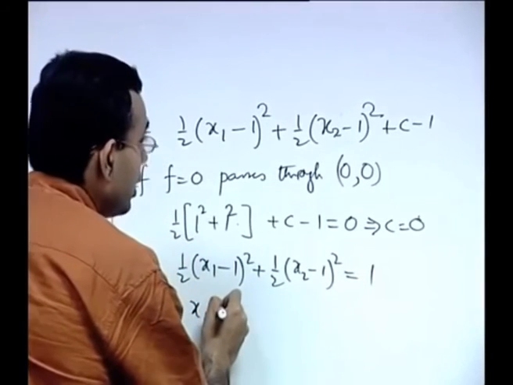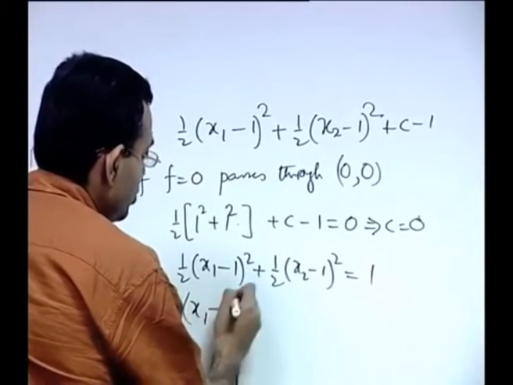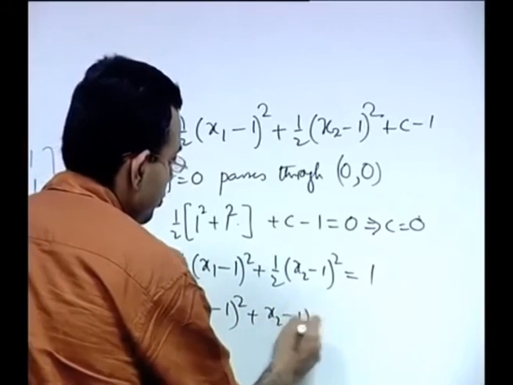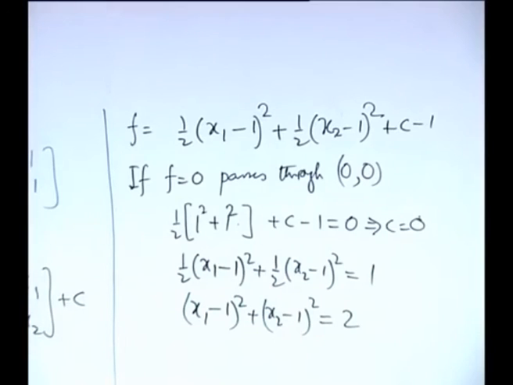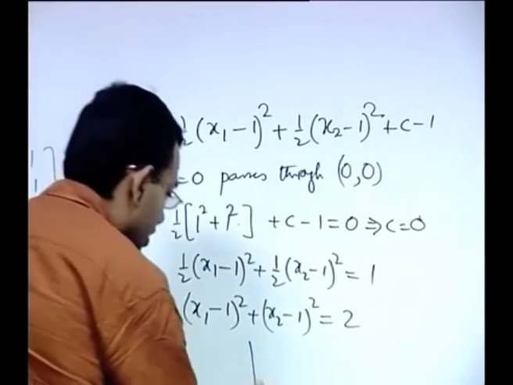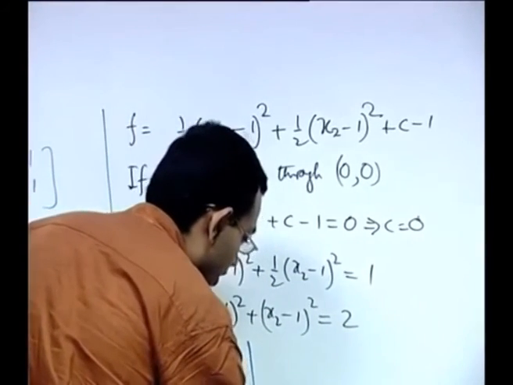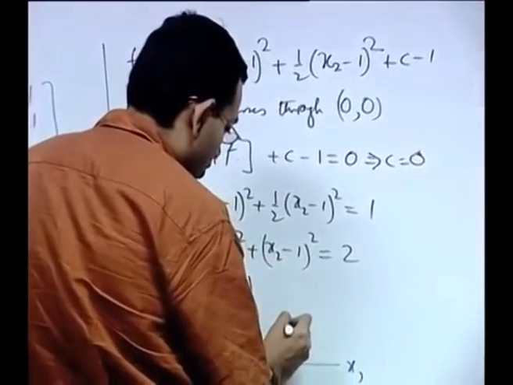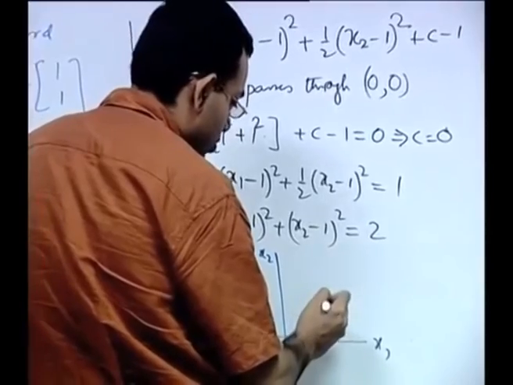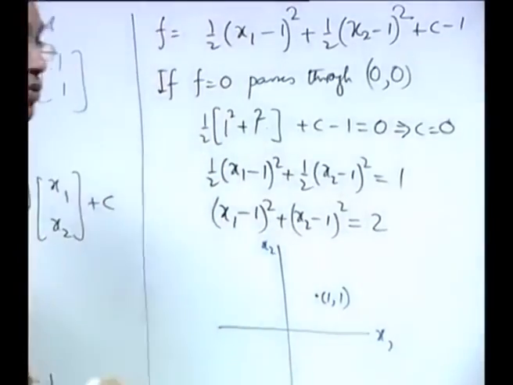So x1 minus 1 whole square plus x2 minus 1 whole square is equal to 2. Right? So it represents what? It represents a circle in the x1 x2 plane. The circle has center 1 comma 1 and radius of root 2.